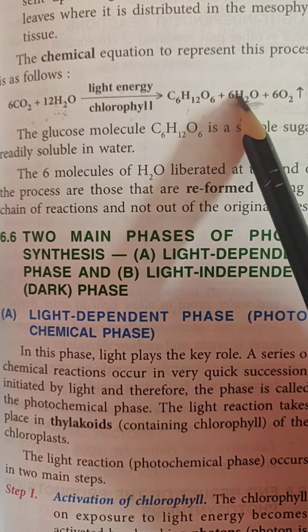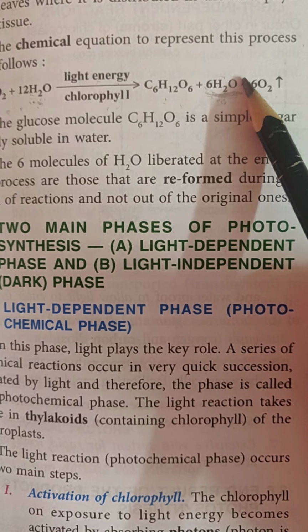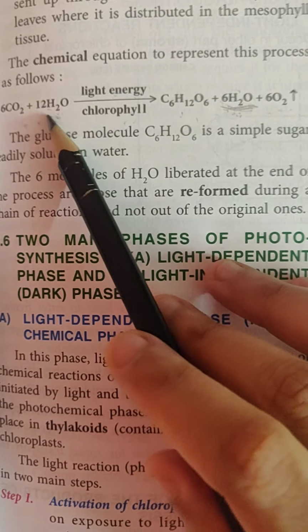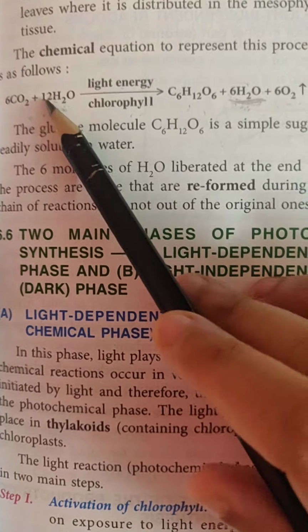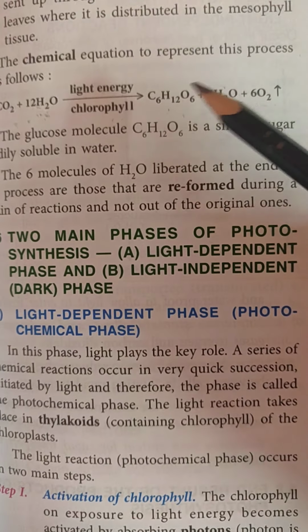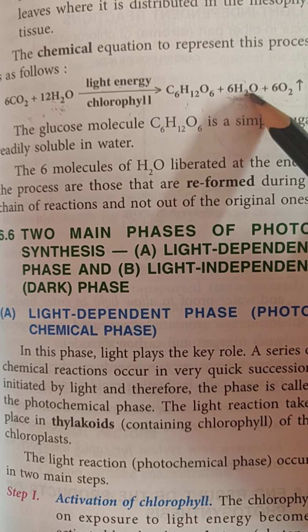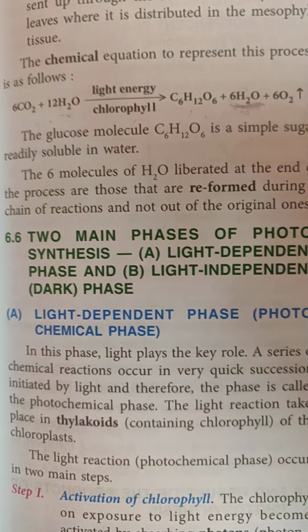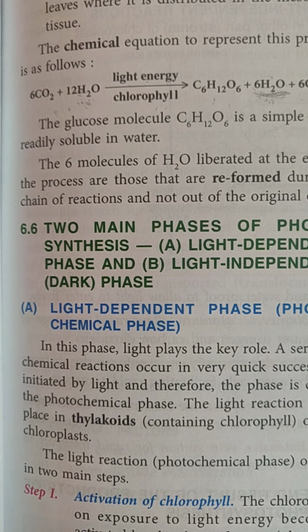These are reformed during a chain of reactions. Why it is not formed from this, we'll learn later. What happens to this, that also we'll know. But remember for now that this does not originate from this. It is reformed later on.